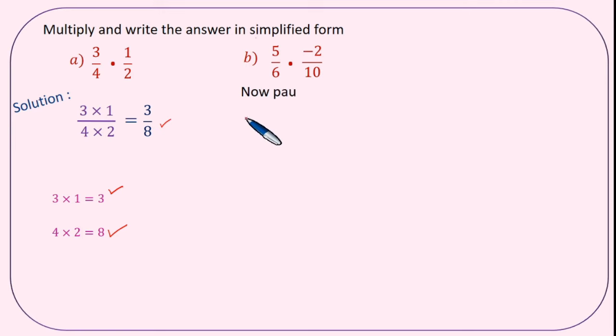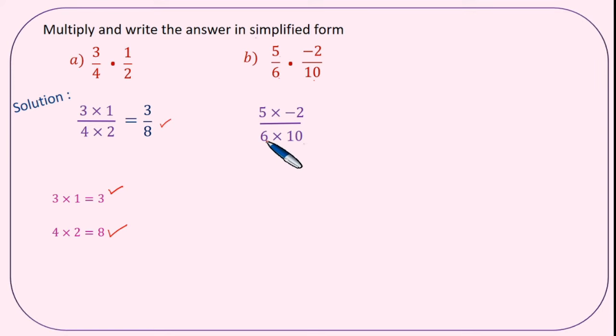Now pause the video and try to find the answer for B. I hope you did. Okay, check your answer. Here you have to multiply the numerators, 5 times minus 2, over the denominators, 6 times 10. Can we simplify here? Yes.